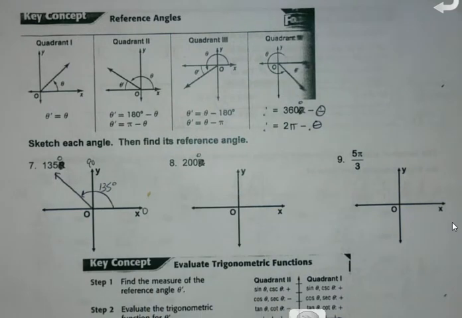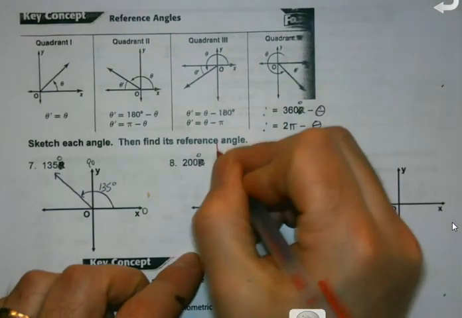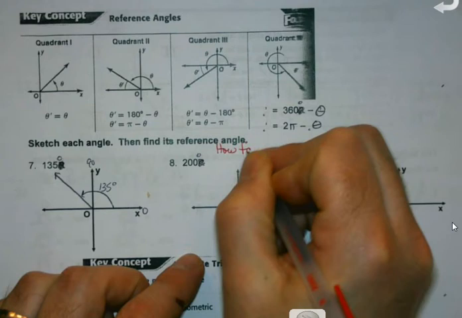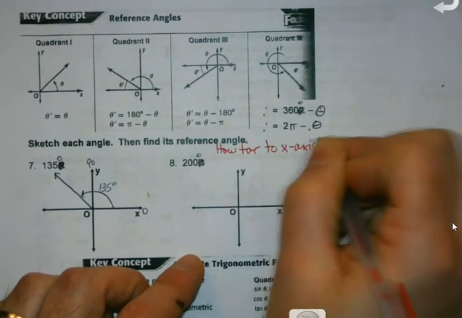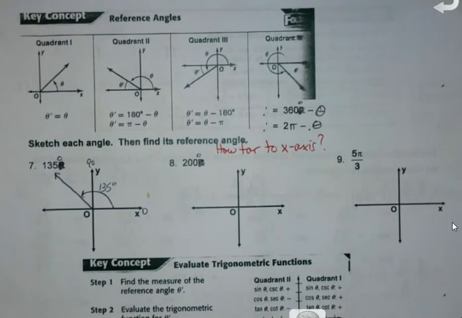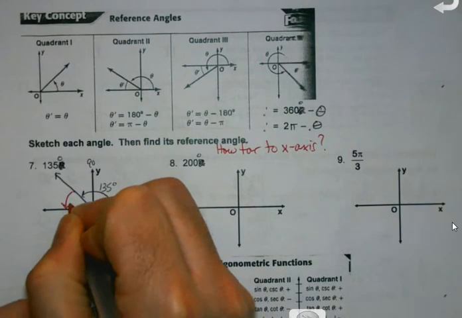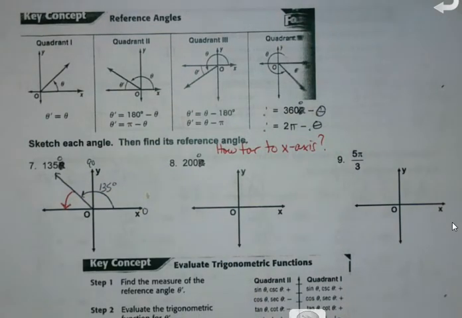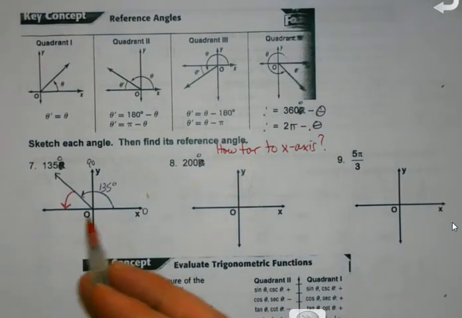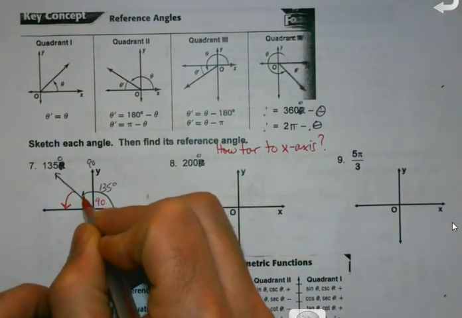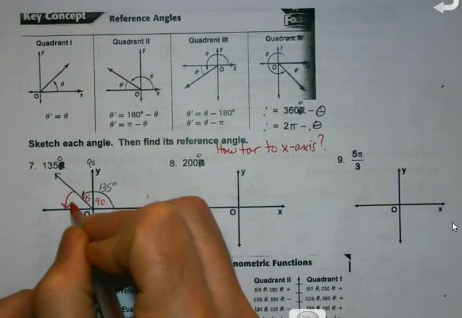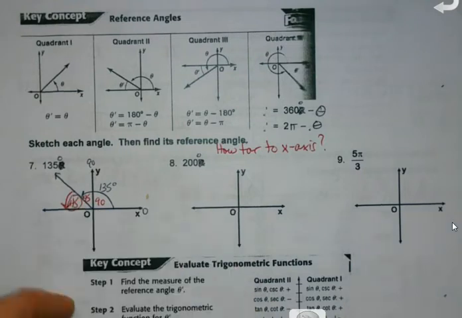Now just remember again, when you're looking for the reference angle, how far is it to the x-axis? Every time, wherever I stop, wherever my terminal side is, my question is, how far is it to finish? So I got two ways of doing that. If I'm looking at it, and I'm like, well, this is 90, and this is 45, well, I got 45 more to go. So that's my reference angle.